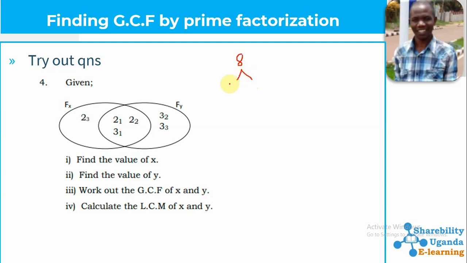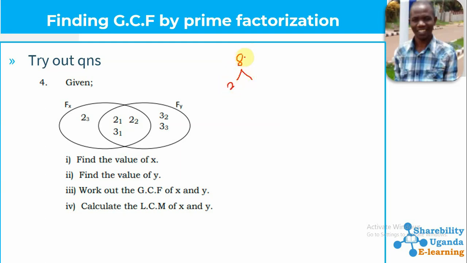So in these methods, let's use the factor tree method. We said we look for the number which can divide our 8 and gives no remainder. So which number can that be? Someone with an idea? Okay, let's try out our 2, which is the least factor.